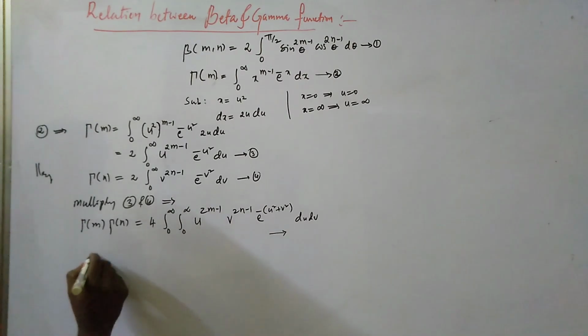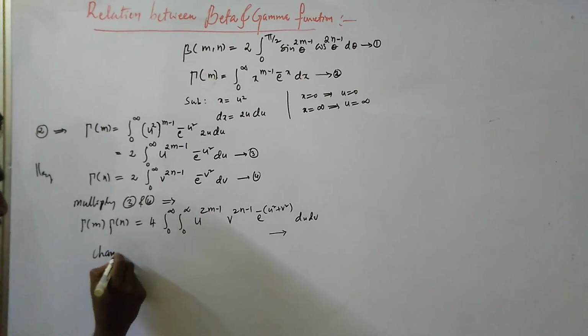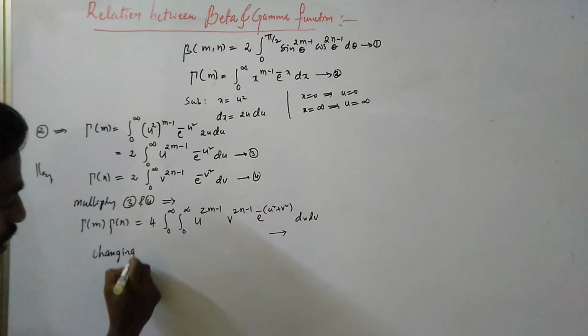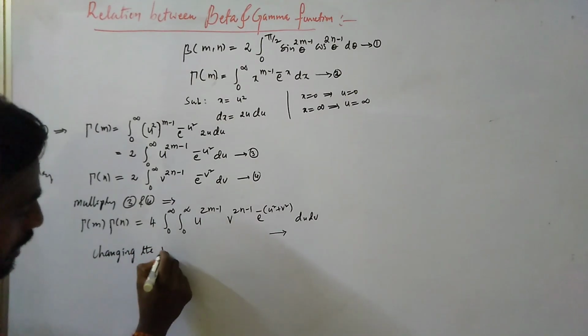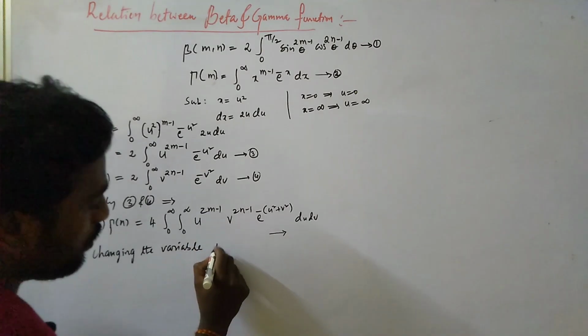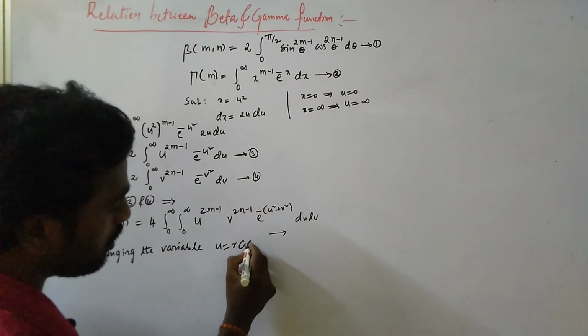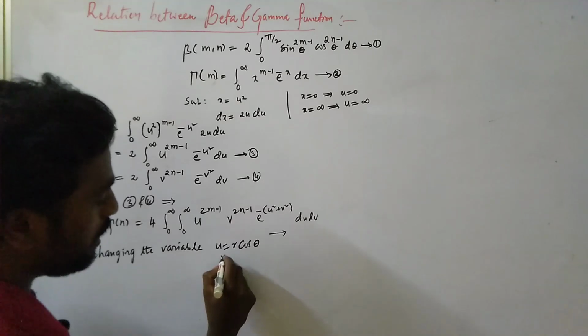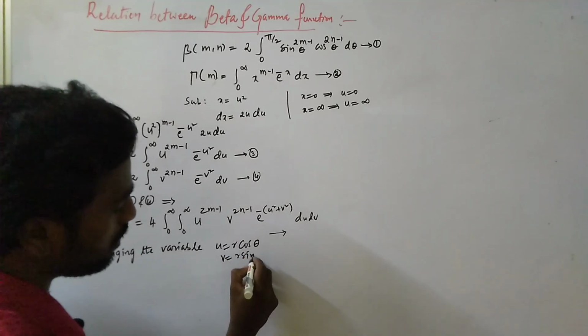Here I want to change the variable. Changing the variable: u equal to r cos theta, v equal to r sin theta.